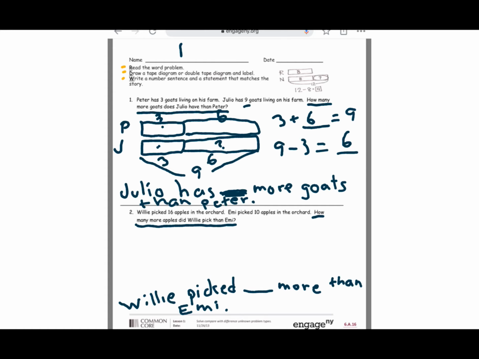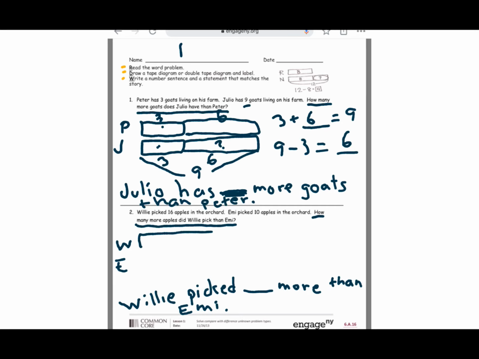First of all, it says that Willie picked 16 apples. Let's look at our characters. We have Willie, so I'll put a W. And my other character is Emmy. And we know from the information in the story that Willie picked 16 apples. Boy, that's a lot of apples.